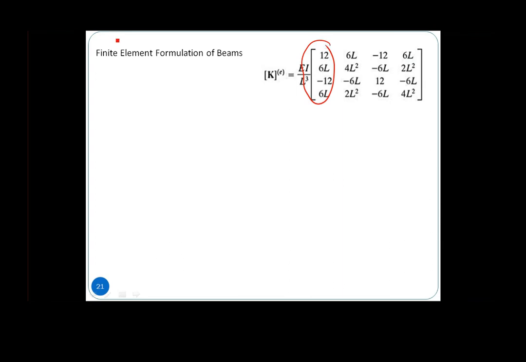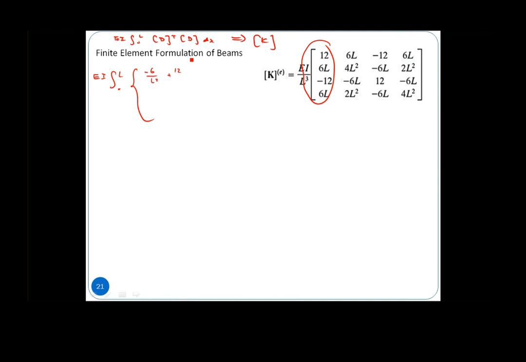We have this EI, integral 0 to L, D transpose, then we have this D, dx. That gives us K, right? So if you can find EI, integral 0 to L, our D, if you still remember, recapping what we have discussed just now, we have a negative 6 over L squared plus 12, right?